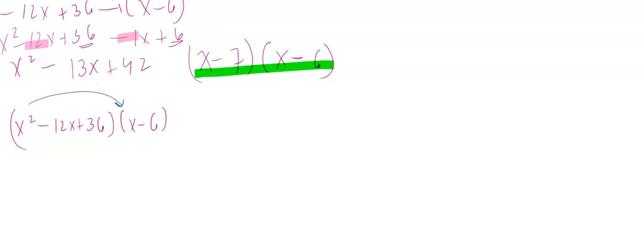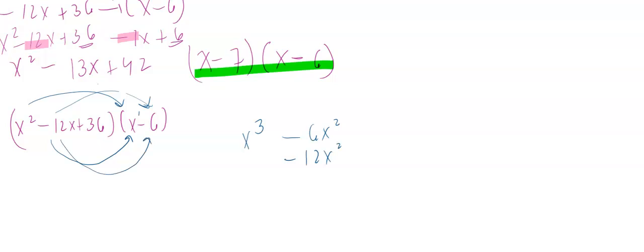So I'm going to start with that x squared. There's nothing clever we can do like FOIL. X squared times x to the first is an x cubed. X squared times a minus 6 is a minus 6x squared. Negative 12x, I'm going to take that second term by the first term, times x is a minus 12x squared. So I'm going to line up my terms vertically in terms of powers.